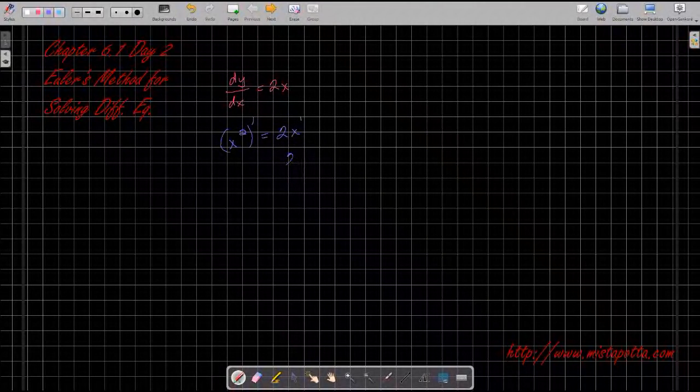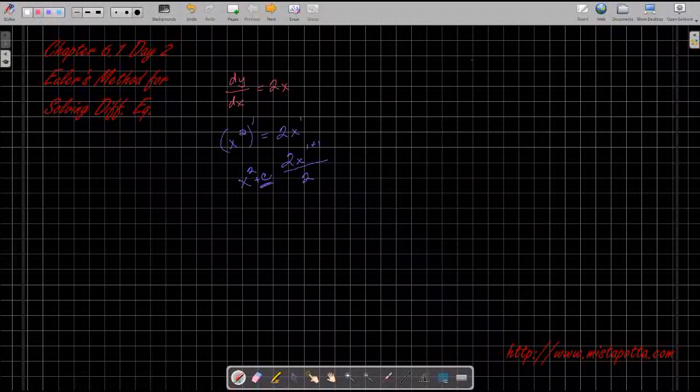And I could work backwards on this power rule by adding 1 to the exponent and dividing by my new exponent to end up getting an original function, which of course isn't really one function, but a family of functions.